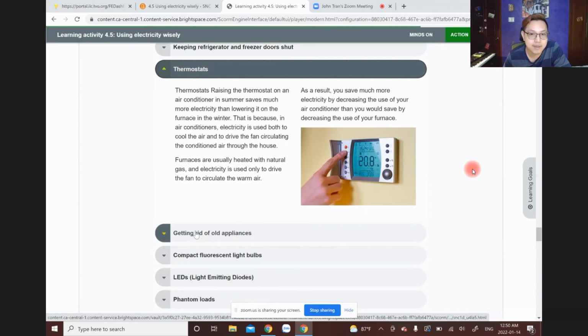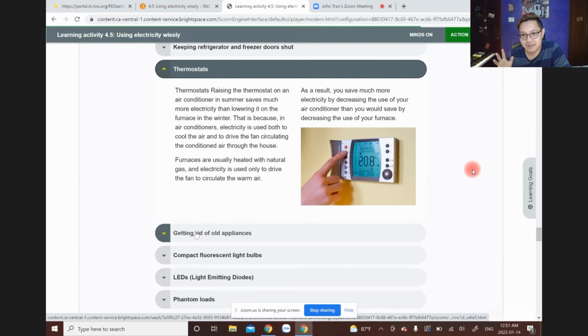Thermostats, the thing that people use at home. Basically, you can control the air conditioner in summer and the heating in the winter more efficiently. Furnaces circulate the warm air inside the house because you're inside the home already.